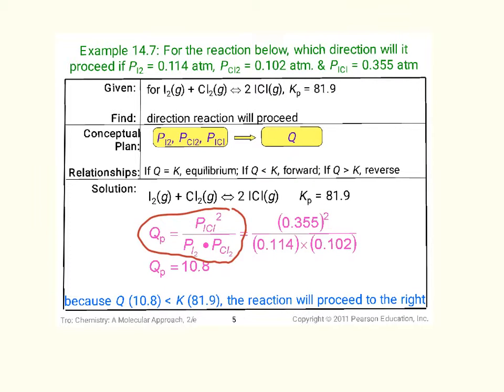Then we just need to plug in the numbers provided for partial pressures and calculate the quotient. The last step is to compare the magnitude of the quotient and the equilibrium constant. Based on the comparison, we can see that the quotient is smaller than the equilibrium constant. Hence, the reaction will proceed to the right.